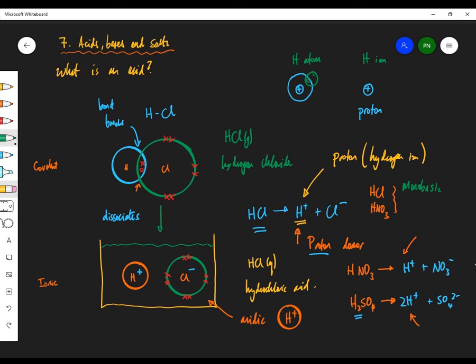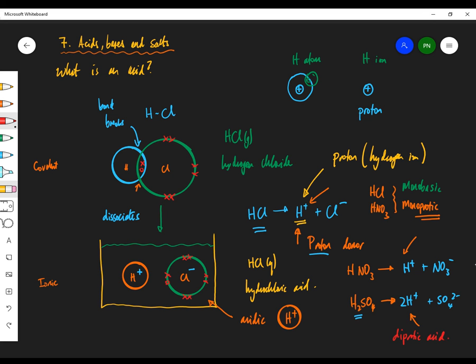Mono is one. But the new term we use for these is monoprotic, which is a better term really. So these are monoprotic acids. What does that mean? They give away one proton. Sulfuric acid, as you can see here, gives away two protons, and this is known as a diprotic acid.